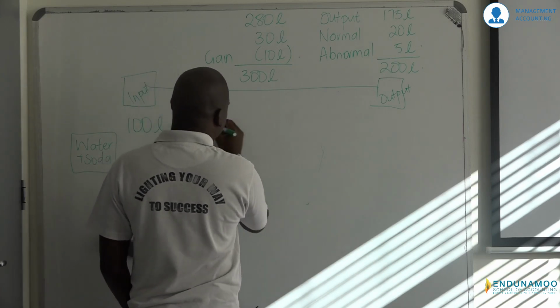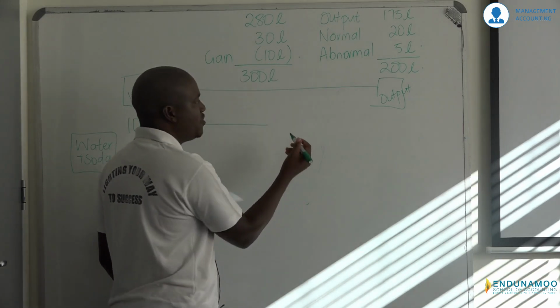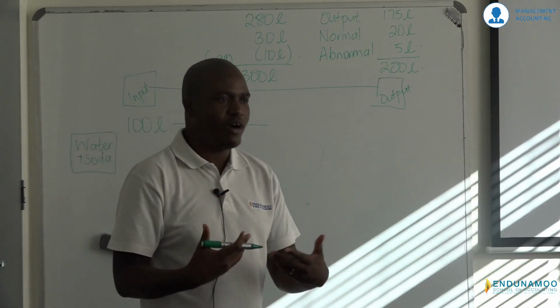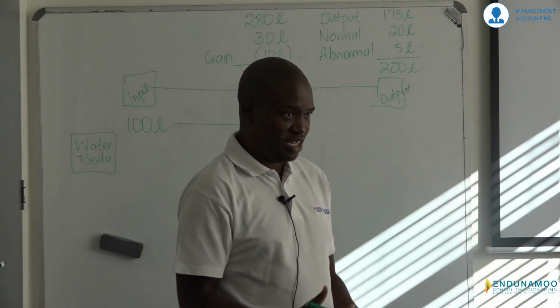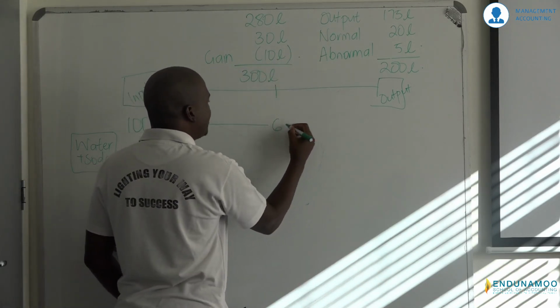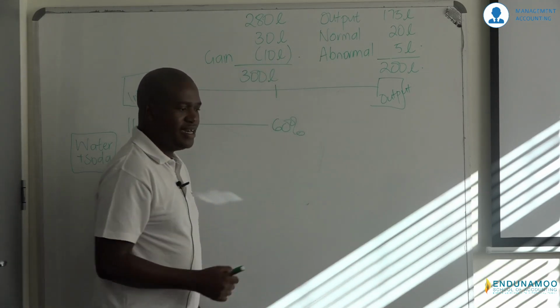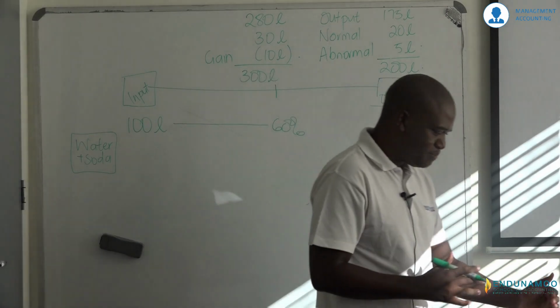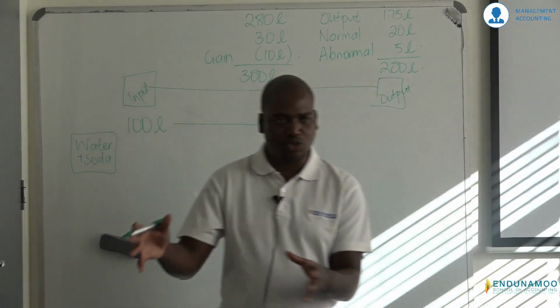Then during the process, we get to a point where we don't want to put our employees to work on things that might be damaged. So I put a stoppage point and say every time at 60% of the process, let's stop and inspect everything before we get to the end.